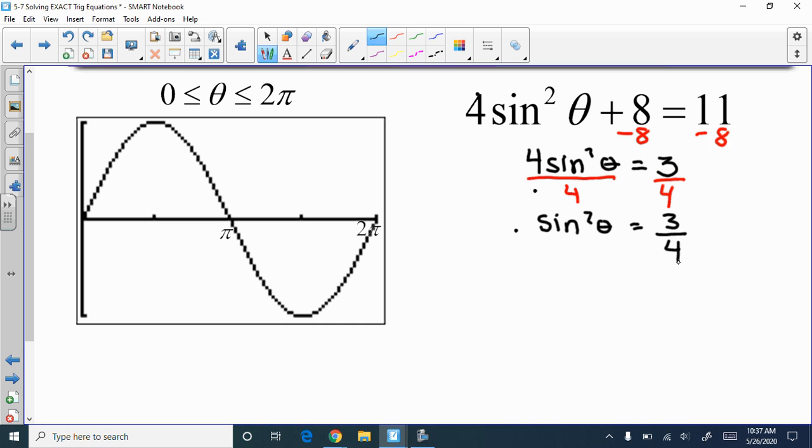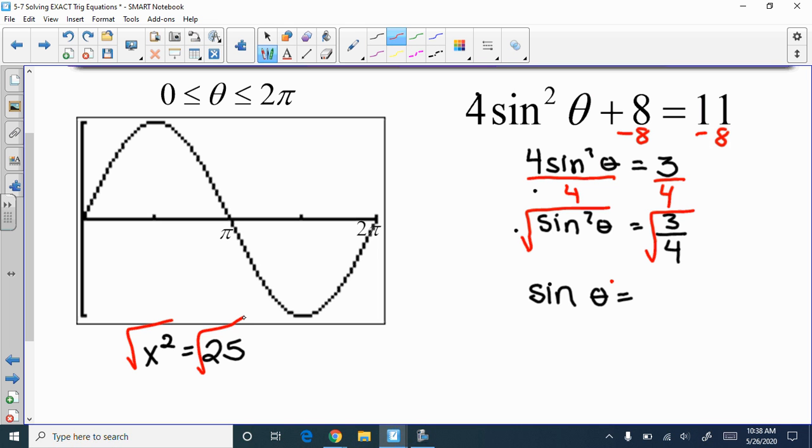Now, before I start figuring out what my values for theta are, I would need to take the square root of both sides. And this is the part where people forget. When we have x squared equals 25 and you take the square root of both sides, you need to remember that x can equal both plus or minus 5.